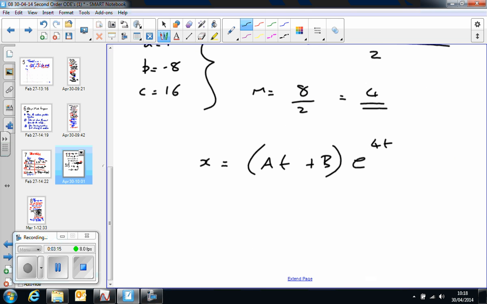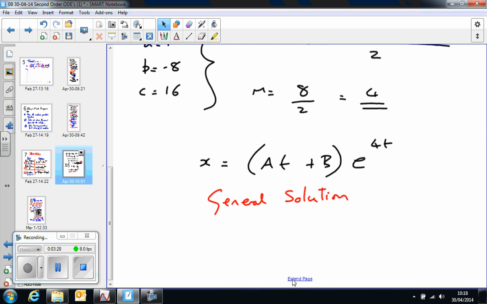So we now have a situation. There's our general solution, because we don't know a and b. So if I want to plot this thing, I need values of a and b.